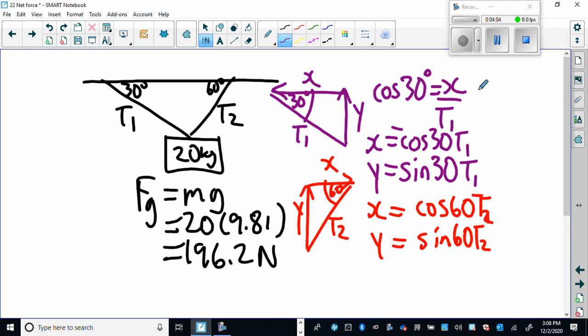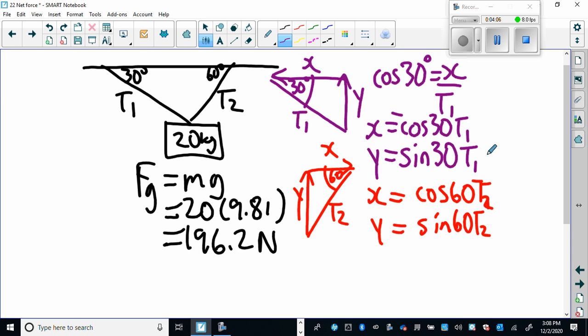Now we have to decide, what do we do with those? Well, as in the previous question, the net force in both the horizontal and the vertical directions is 0. So let's go with horizontally first, because that's the easiest one. In terms of the horizontal components, we only have two. We have the one from the red, and then we have the one from the purple.